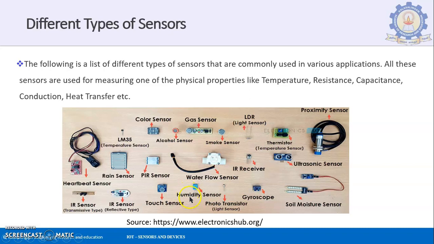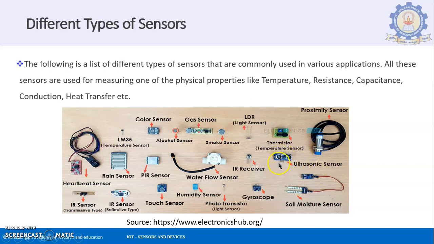Then you have a humidity sensor to analyze the moisture content in the air. Then you have the phototransistor, the light sensor that we saw earlier in the example. You have the gyroscope, which is tilt and angle related. A soil moisture sensor, to see how much moisture is in the soil.